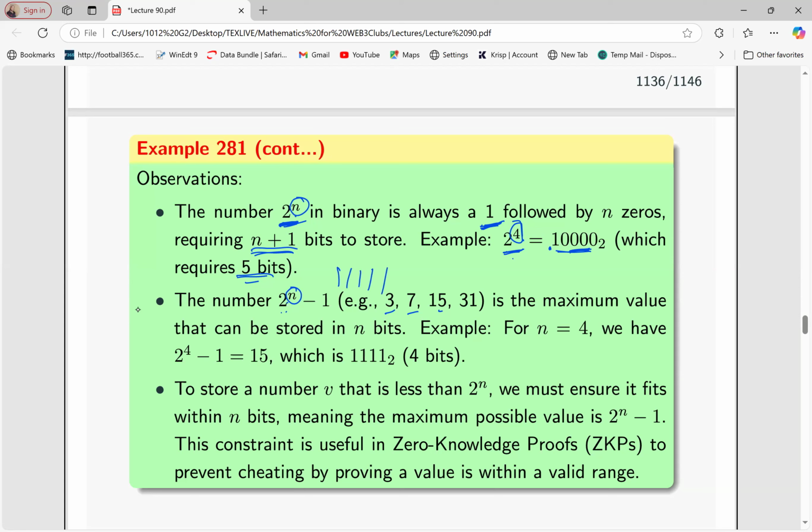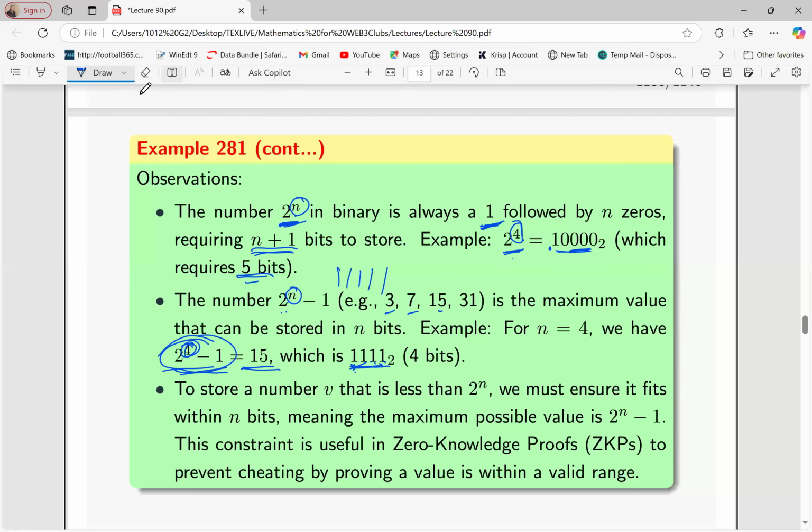For instance, 15 is just 4 ones: 1, 2, 3, 4. So this is the binary equivalent of 15. And since 15 is written by this, we can easily write its binary equivalent, and we can easily tell how many bits it is. Since it is 2 raised to n minus 1, we just say it's n bits, which is 4 bits.